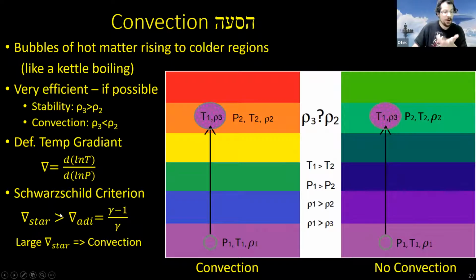If the gradient of the star is lower than the adiabatic temperature gradient, then you're in the right-hand case. The gradient is not strong enough and there's stability. The bubble will sink back down. So this is kind of the Schwarzschild condition in terms of thermodynamics.